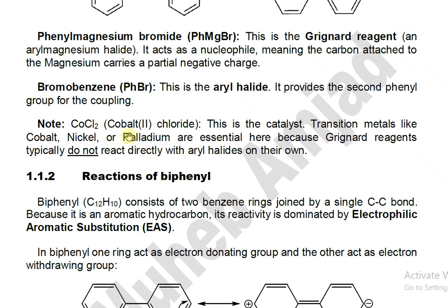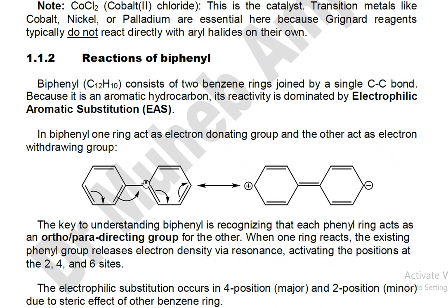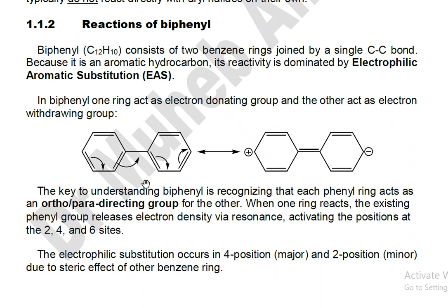So we go to the second part, the reactions of biphenyl. How will biphenyl react, what are the properties of the biphenyls, how do the rings behave with each other?